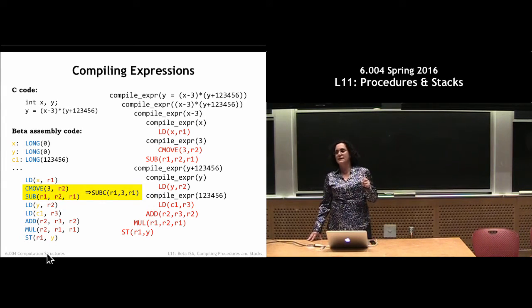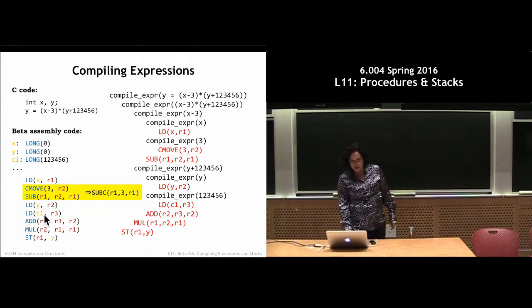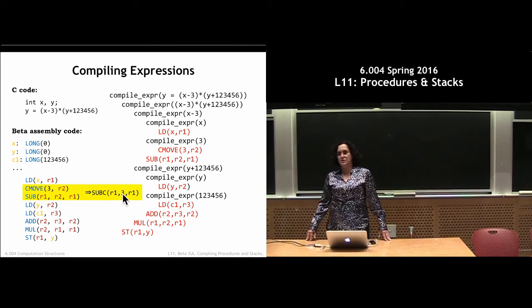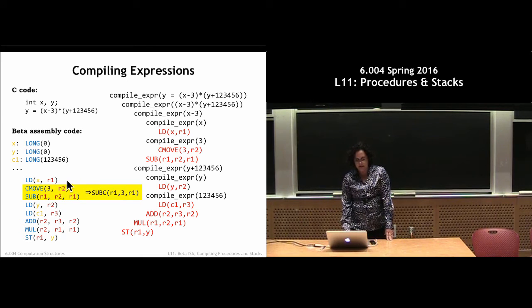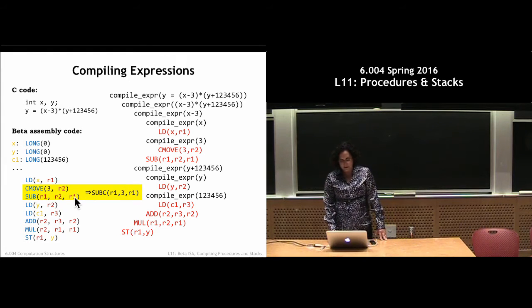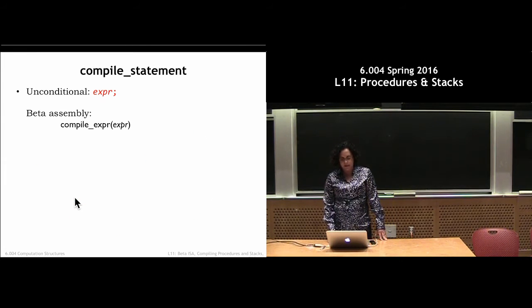Because our beta operations allow you to do a register with a constant ALU operation as one operation, we can merge these two into a SUBC instruction and thus get rid of one of our instructions. We call these peephole optimizations because they're only considering instructions that are right next to each other. Later we'll talk a little bit more about other types of optimizations that one could make.